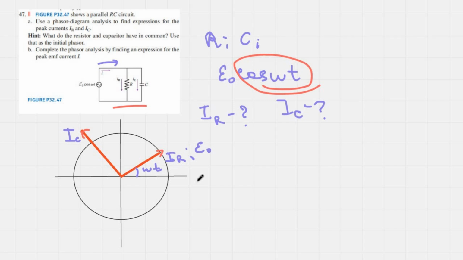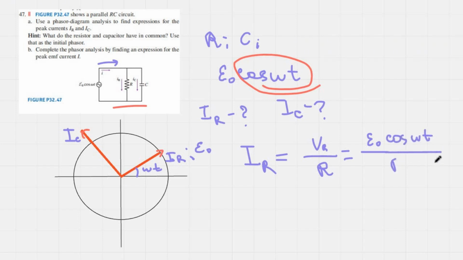So we should find the currents. Let's write Ohm's law: I_R equals voltage divided by resistance. As I said, we have a parallel circuit, so the voltage will be the same. So it will be cosine omega t divided by R. Next, the current that flows through the capacitor, it will look like this.